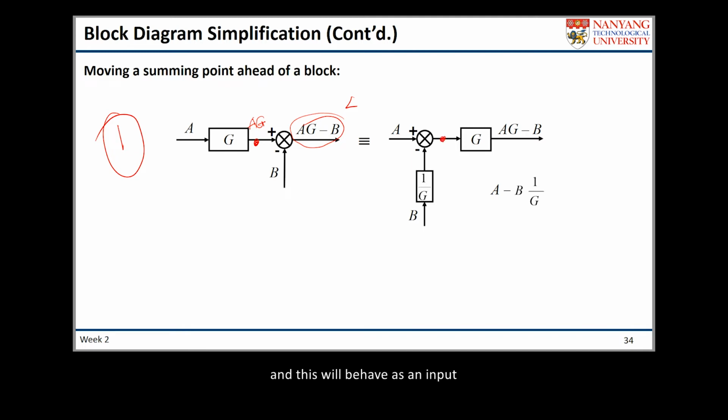And this will behave as an input to the block G. So the output of block G will be this input times G, which is equal to AG minus B. This is exactly the same like the output of the first subsystem. So in here we show that these two subsystems are identical.